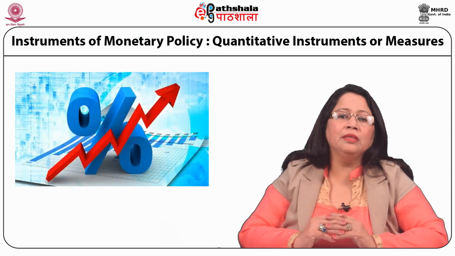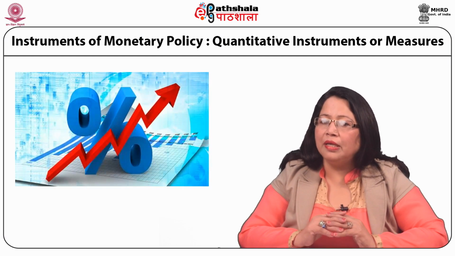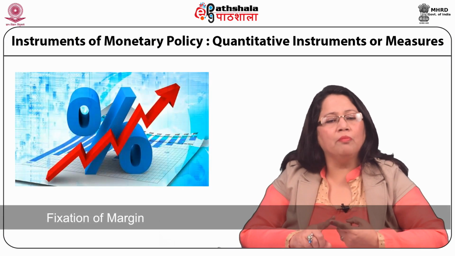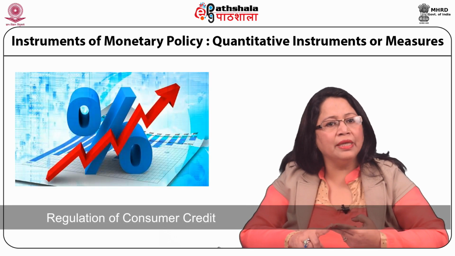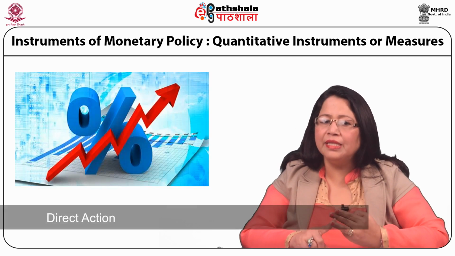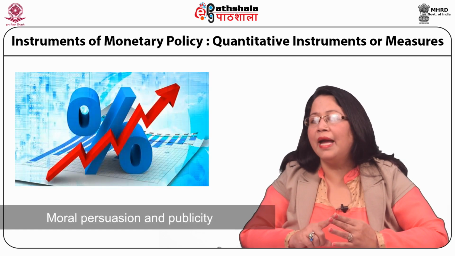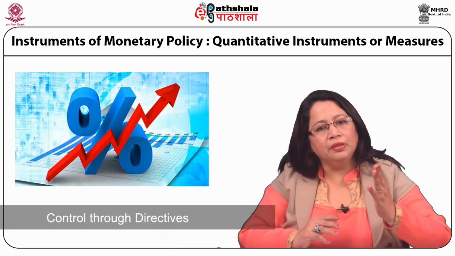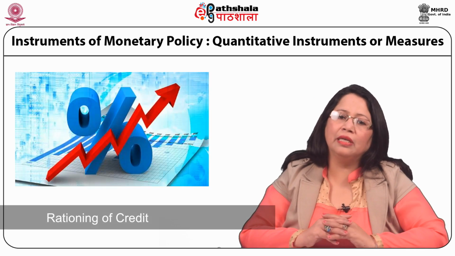The important qualitative instruments are fixation of margin, regulation of consumer credit, direct action, moral persuasion and publicity, control through directives, and rationing of credit.